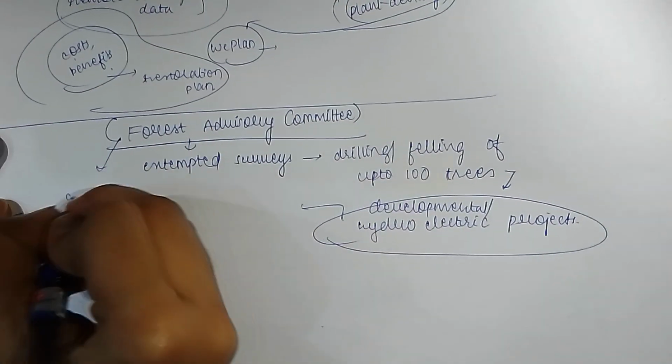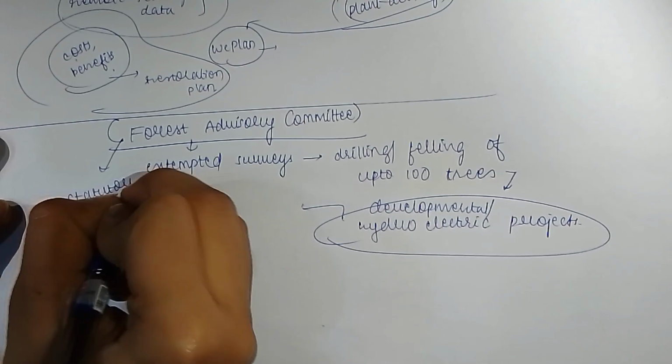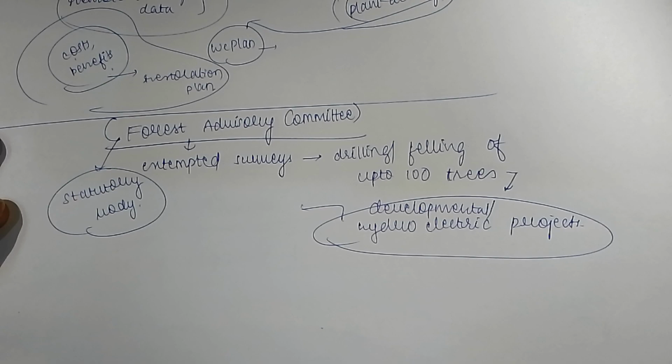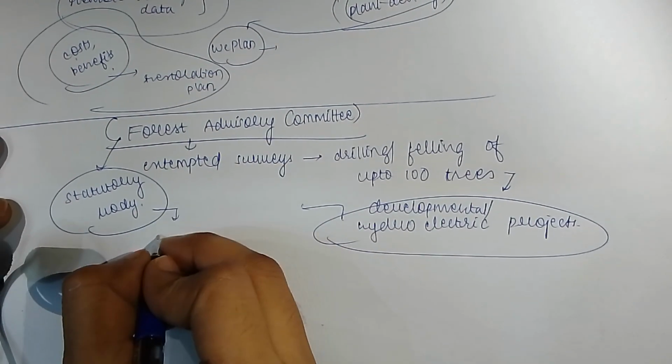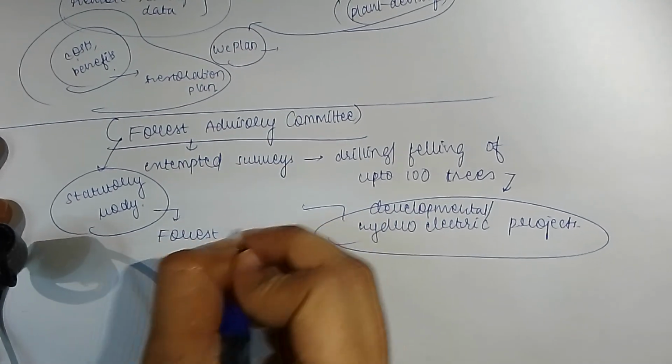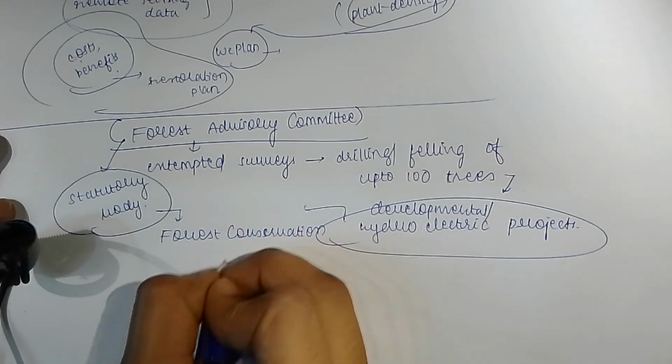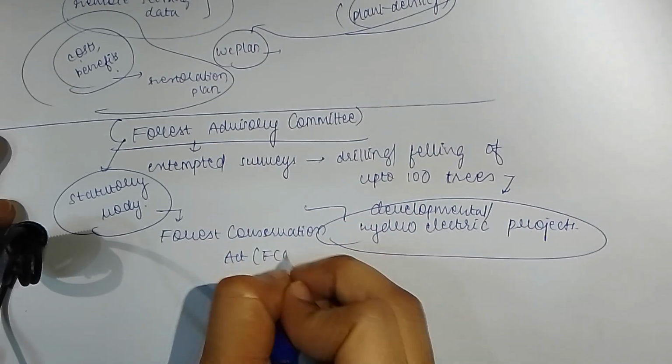So basically this is a statutory body. When you say statutory body, it's formed under a particular statute, which means a law. This statutory body is constituted under the Forest Conservation Act, FCA, 1980.